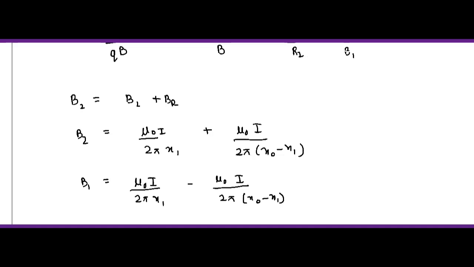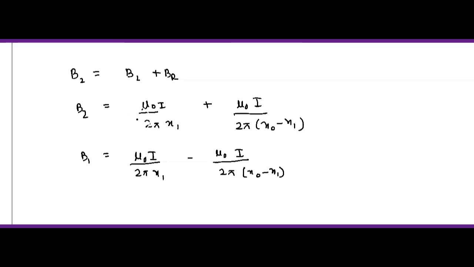Now if we take the ratio of these two quantities, r1 by r2 would be equal to B2 by B1. We can take mu naught I divided by 2 pi as common, and when we take the ratio, this constant term would be cancelled.